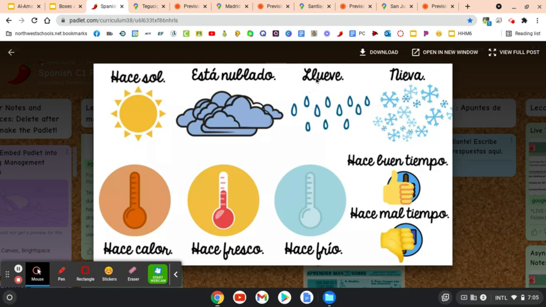We have llueve, double L here. That double L makes a Y sound. Llueve, nieva, hace calor, hace fresco. That's an F and an R. And then hace frío. And the I does have a little accent mark above it. That just means that you need to put a little oomph, a little emphasis on that letter.